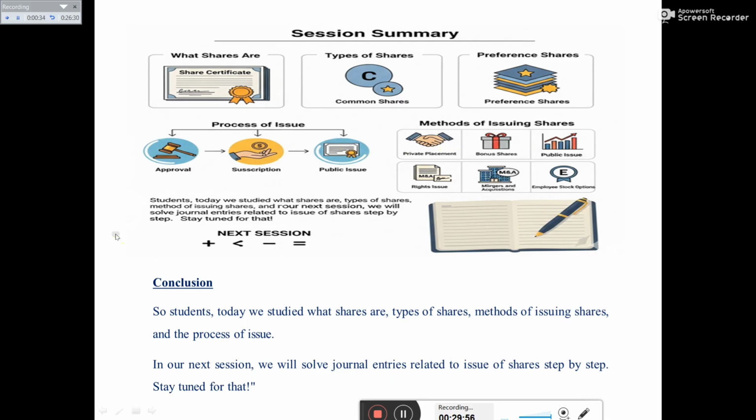So these are all the concepts we have studied in this class. In our next session, we will solve journal entries related to issue of shares step by step.